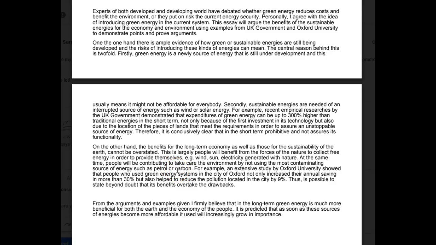"For example, an extensive study by Oxford University showed that people who used green energy systems in the city of Oxford not only increased their annual savings by more than 30%, but also helped to reduce the pollution located in the city by 9%. Thus, it is possible to state beyond doubt that its benefits overtake the drawbacks." Okay, that last part of the paragraph was fine. It made sense.